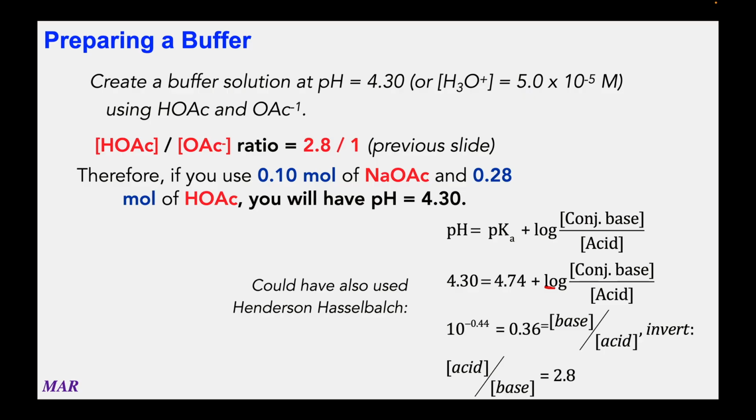So 10 to the minus 0.44 gives you 0.36. And that equals the base over acid ratio, but we want the acid over base ratio. So I would take the inverse of both sides. I would invert it, and that means 1 over 0.36 gives you 2.8, and 1 over base over acid is acid over base. So that's another way to find the acid to base ratio, and either way is fantastic.